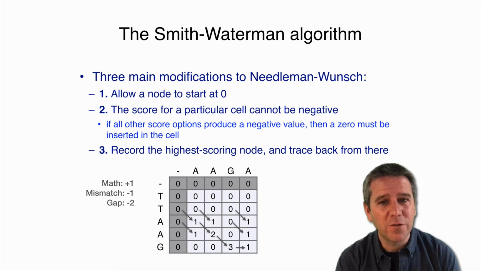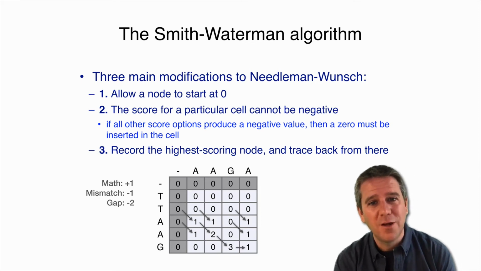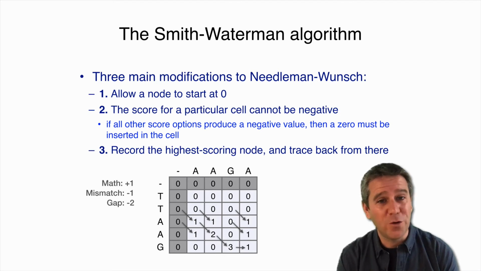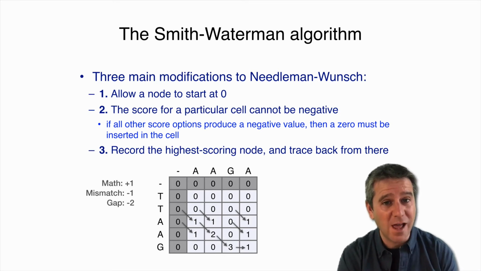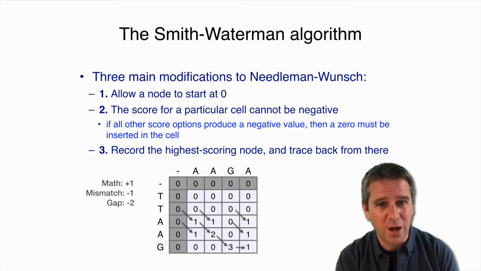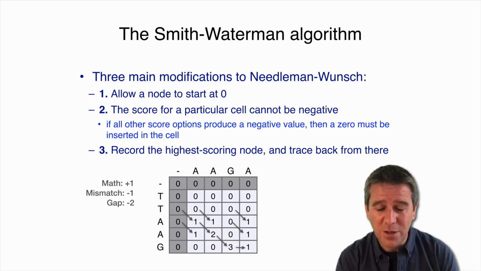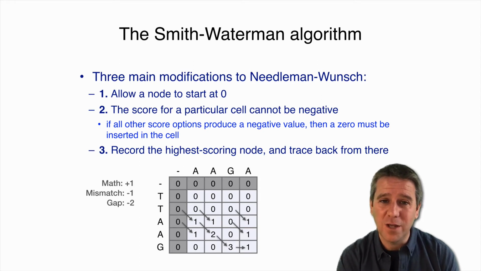Now, our final modification with Smith-Waterman is when we're finished filling in the matrix, we're not going to start from that happy place, that end cell, that last position cell where the optimal score would be in Needleman-Wunsch, but rather we're going to go into the matrix and find the highest score wherever it may be in the matrix and trace back from it until we hit a 0 value.